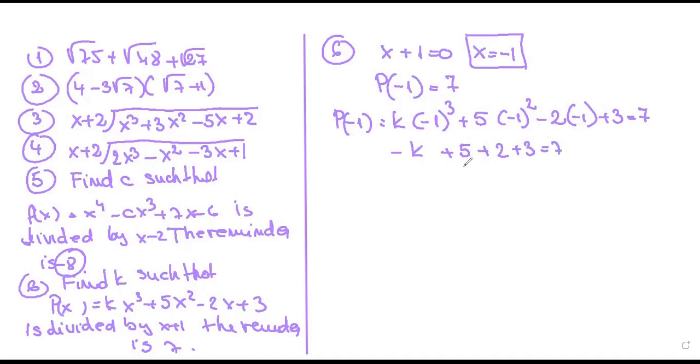So then minus k plus 10 equals 7. Which means that minus k equals minus 3, which means that k equals 3. Good? Okay.